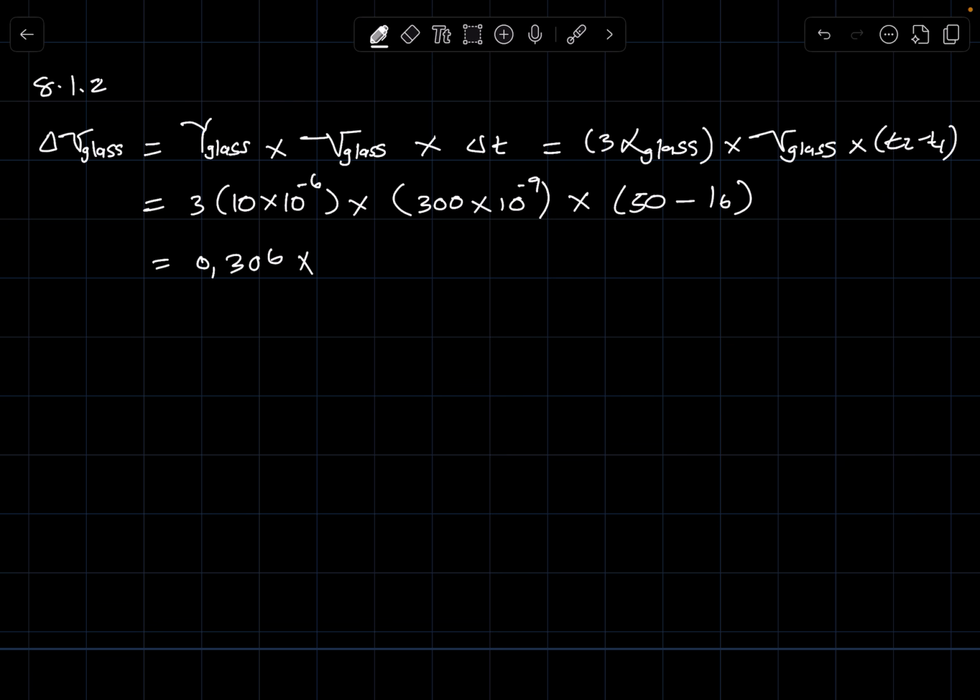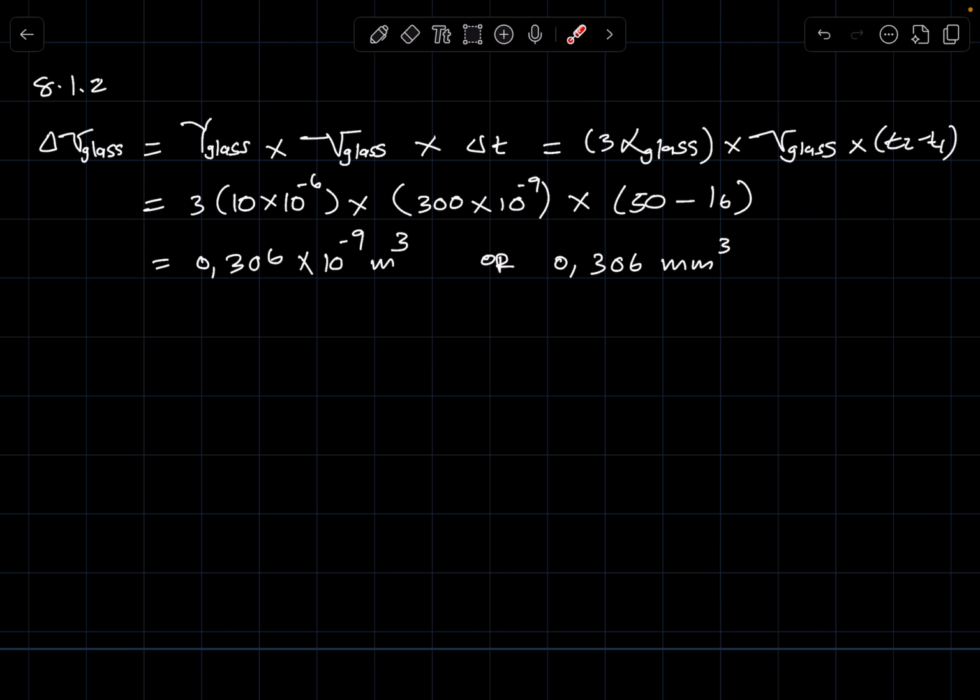Here I am getting 0.306 times 10 to the negative 9 cubic meters, or if you left it in cubic millimeters, you would get 0.306 cubic millimeters. So this is the expansion of the glass flask.